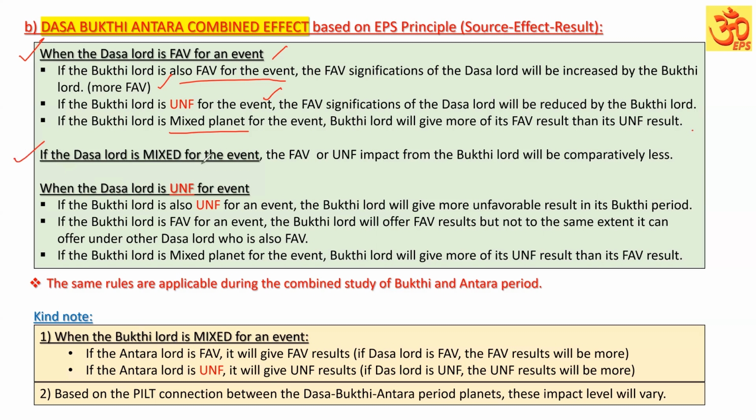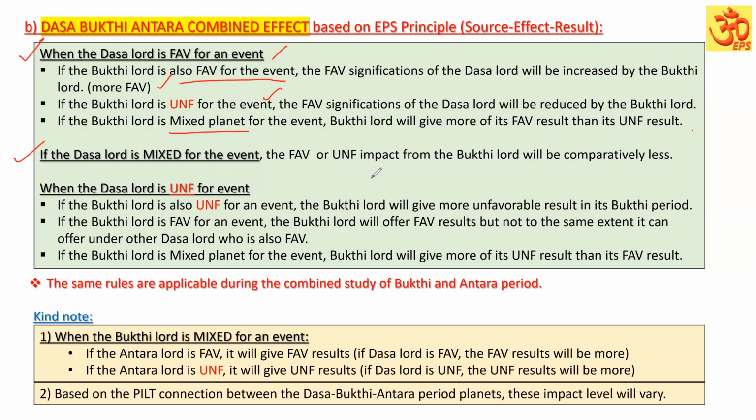If the Dasa Lord is a mixed planet, the favorable or unfavorable impact of the Buddhi Lord will be comparatively lesser. Because Dasa is mixed, what will happen? Favorable Buddhi will give favorable, unfavorable Buddhi will give unfavorable. That is the basic principle.